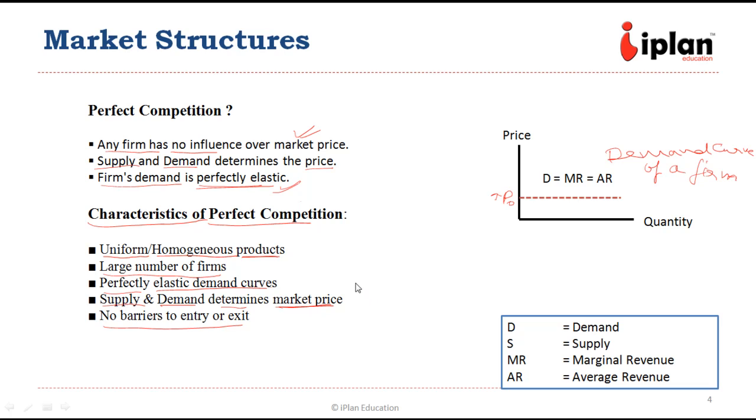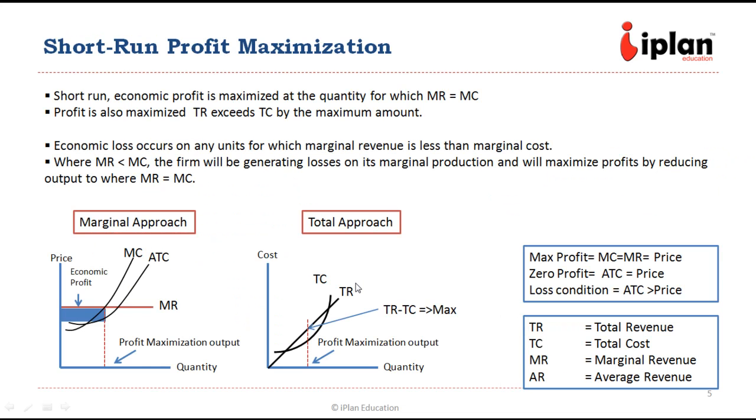Now let us observe the mechanism more closely. So in the short run, the economic profit of the company is maximized at the quantity for which marginal revenue and marginal costs are equal. Let us see how. If we look at this graph, we are talking in the marginal approach terms. We know for perfect competition, the demand curve is the same as the marginal revenue curve.